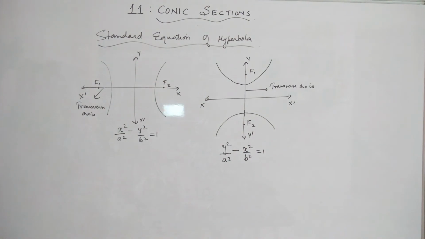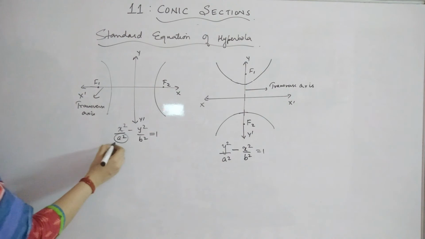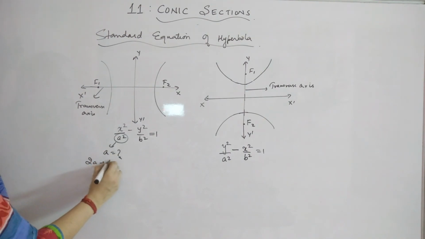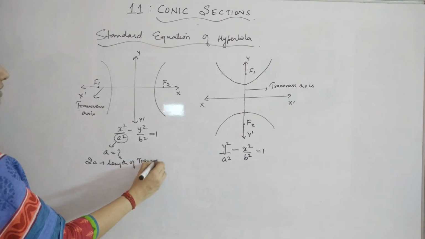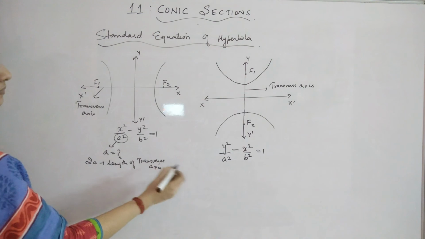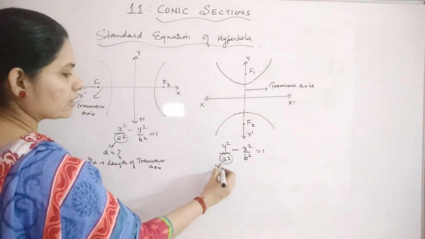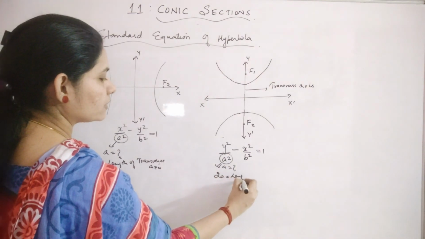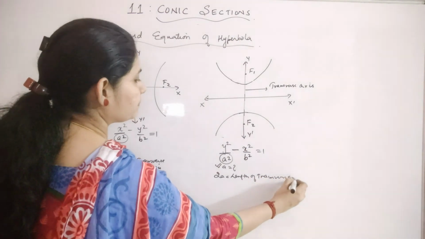And the length of the transverse axis can be found out by the denominator of that positive term. So from here you can find out what a is equal to. So 2a will give you the length of the transverse axis. And in the second case, here this term is positive, so this a square will give you again the value of a, and that is 2a will be the length of the transverse axis.